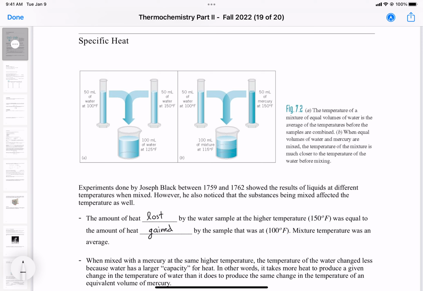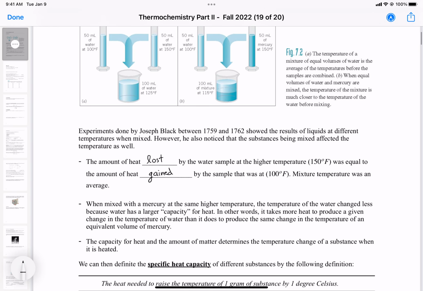So this tells us that mercury and water interact with heat differently. When mixed with mercury at the same temperature, the temperature of water changed less because we say water has a larger capacity for heat, meaning it takes more heat to produce a temperature change.